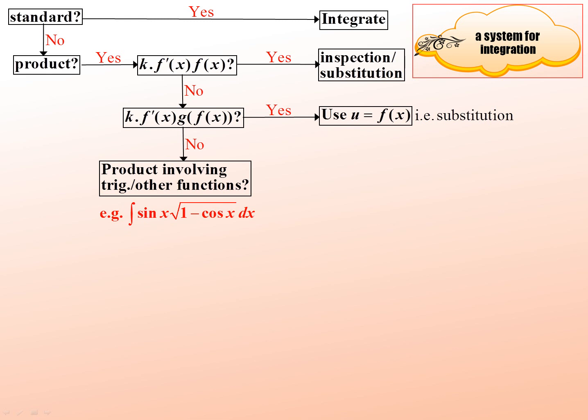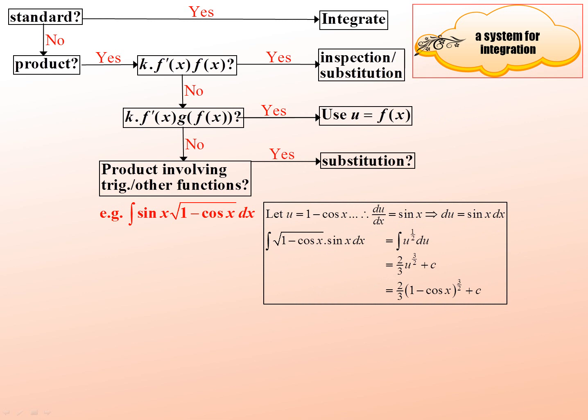If no, is it a product involving trig or other functions? This actually is still yes, really, because it could be there as well. It could be, but let's have a look at it in terms of this one, the trig ones. Square root of 1 minus cos x, and that is the derivative of 1 minus cos x. So therefore, yes, substitution.